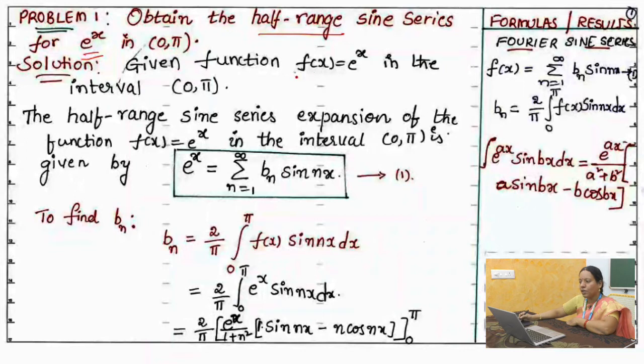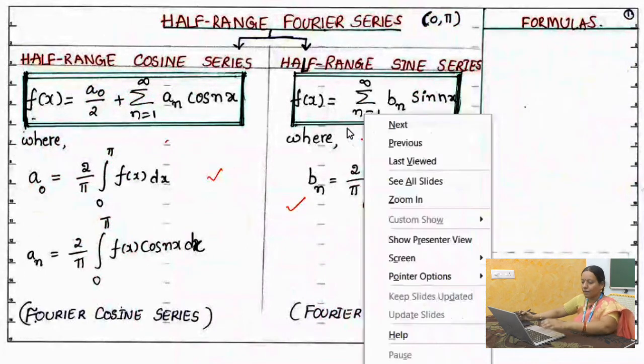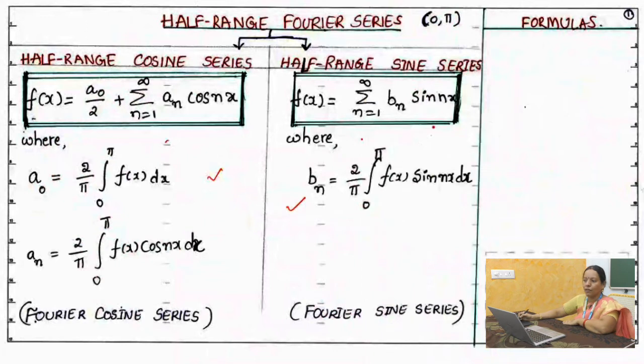What is your function? f of x equal to e power x, and your interval is 0 to pi. They ask you to calculate the half-range sine series. So, which formula do you have to select? First formula or the second formula? Second formula. You have to select the second formula.